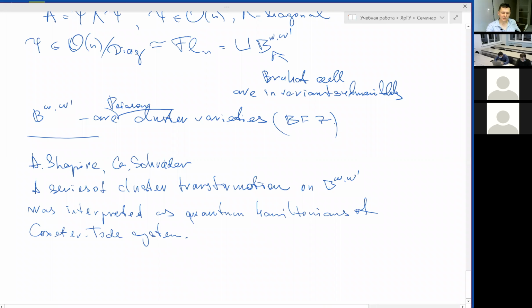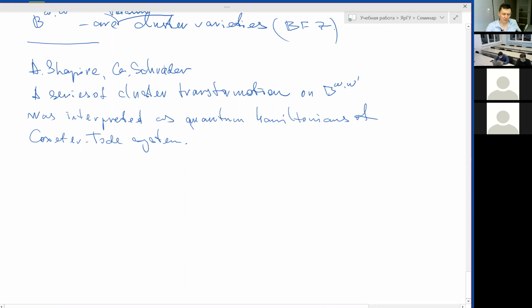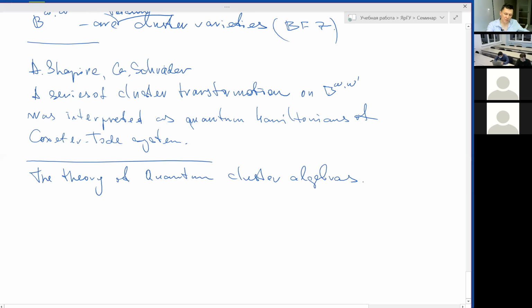And there is another, for the first time, textual coincidence of words. So the theory of quantum cluster varieties, cluster algebras, is the theory of the same subject, if you want.